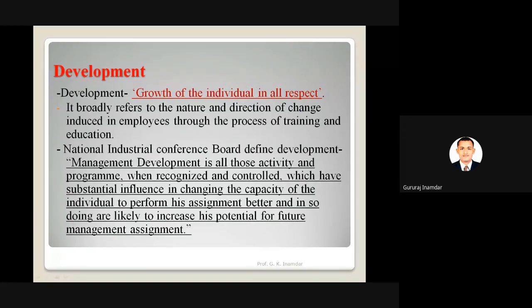Due to the training, the skills, the education, the coaching, the teaching, definitely the nature, behavior and attitude of that employee will also change as per the satisfactory level. So this is a benefit of development.